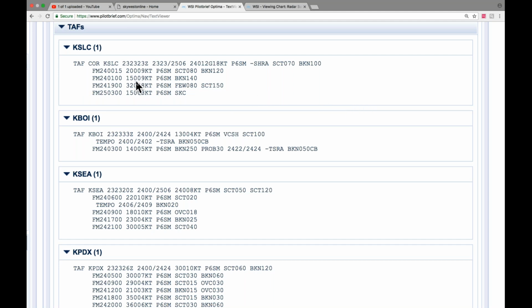So this is kind of like a brief forecast that gives us an idea, but is not the ultimate say when it comes to dispatching to Salt Lake City. So, yes and no. This is a forecast. In fact, TAF stands for Terminal Area Forecast. So this is like the weatherman jumping on the news.